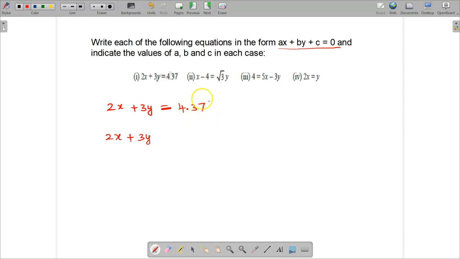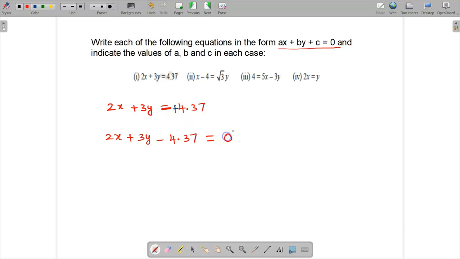In order to make the right hand side equal to 0, I have to move this term to the left hand side. Whenever there is no symbol, it means it is plus, right? So plus 4.37, when moved to the left hand side, becomes minus 4.37.